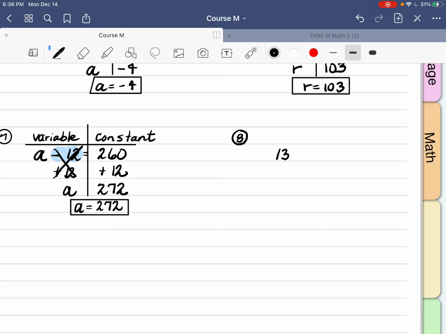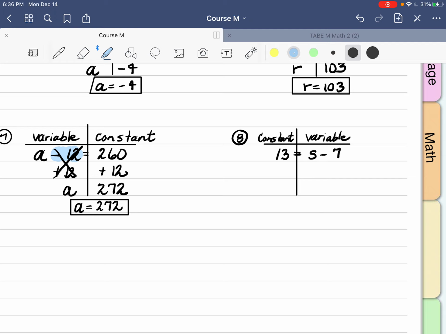Number 8, we have 13 equals s minus 7. Power t. Variable. Be careful. Look at where that variable is this time. Constant will be the other side.